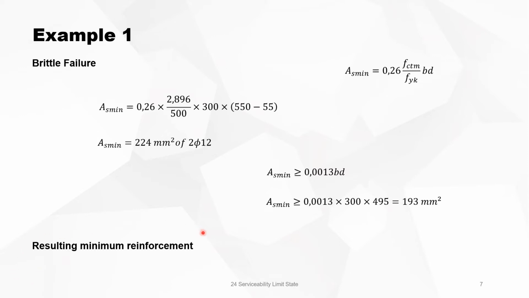So the resulting minimum reinforcement is the maximum of crack control and brittle failure. And you see that brittle failure here is dominant, 224 square millimeters or 2 diameters 12, because sigma s is equal to 500 megapascal.